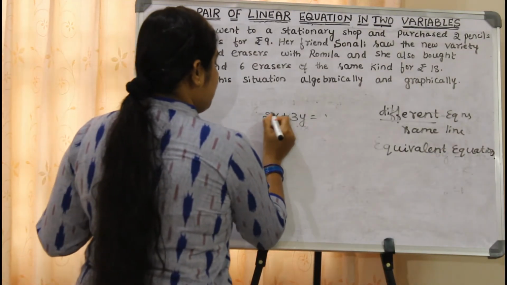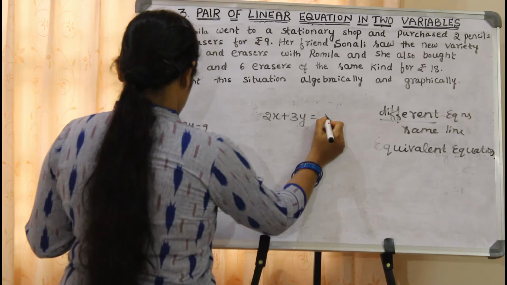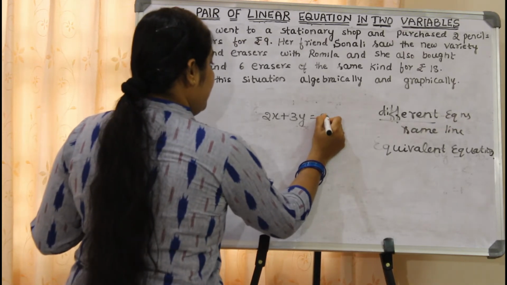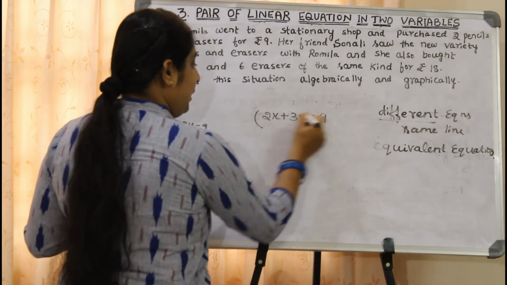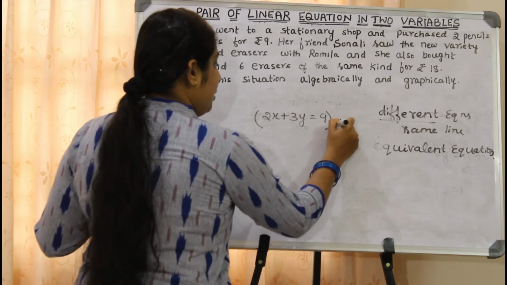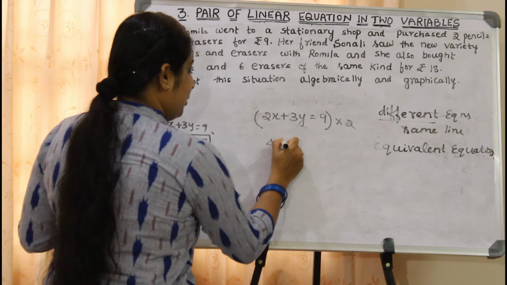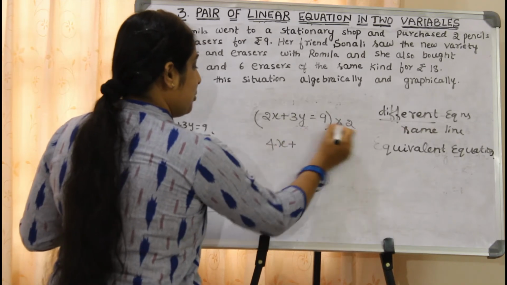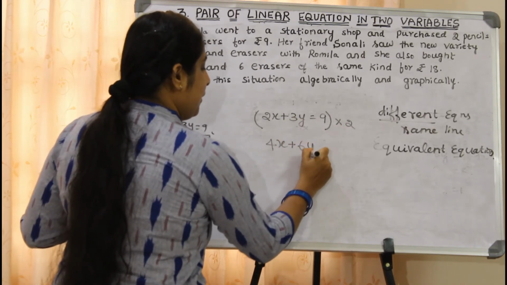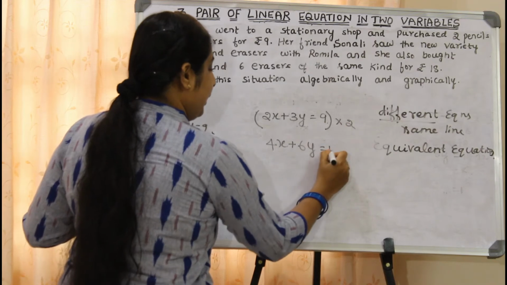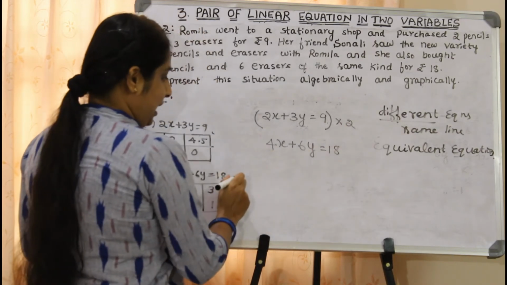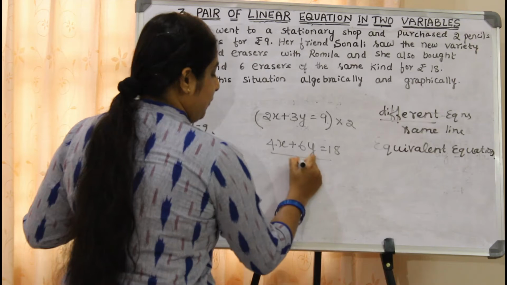So 2x plus 3y is equal to 9. If you multiply this whole equation by 2, we will get 2 2s are 4x, 2 3s are 6y, 9 2s are 18. Yes, this is our second equation.